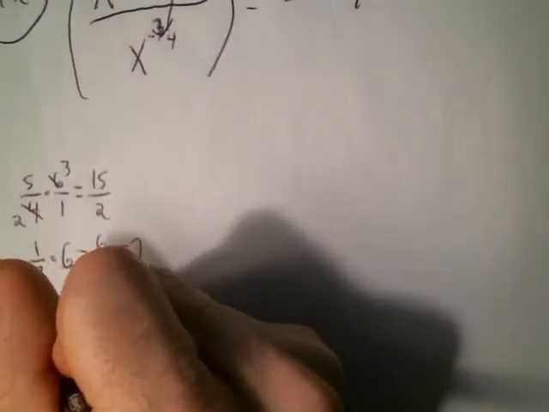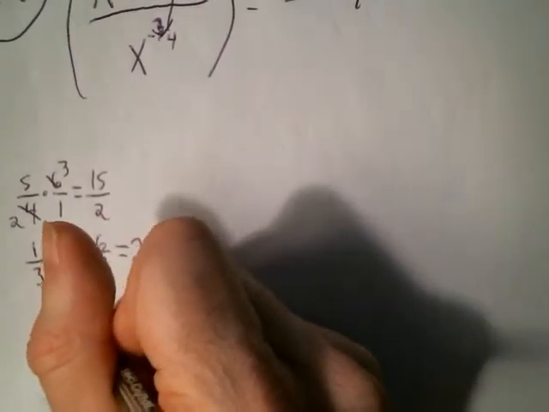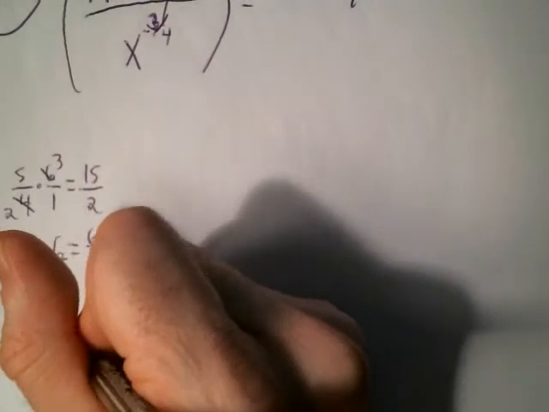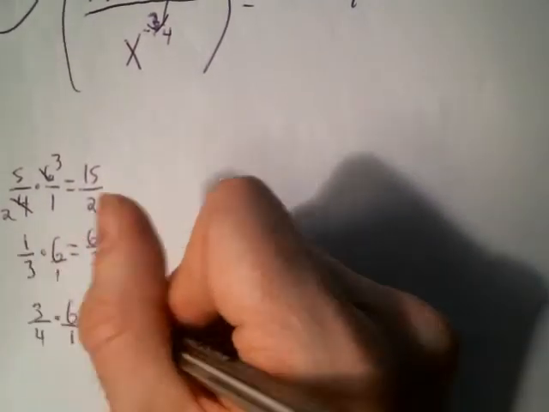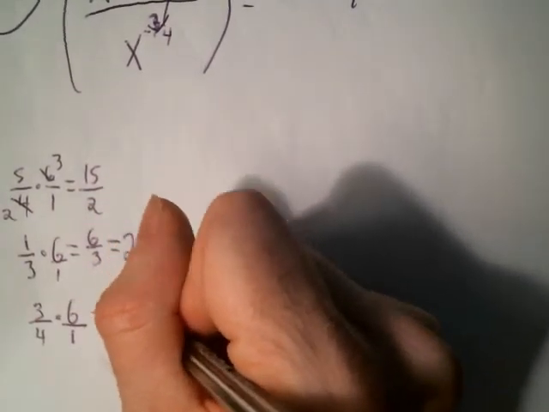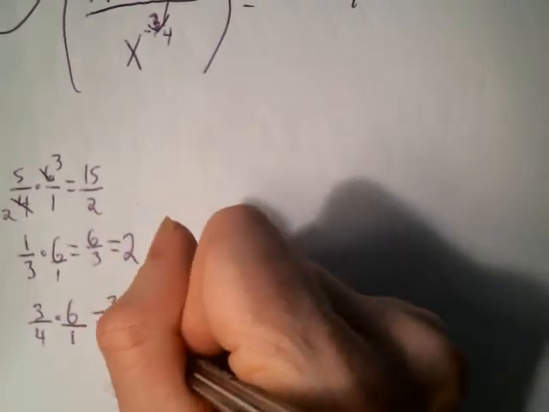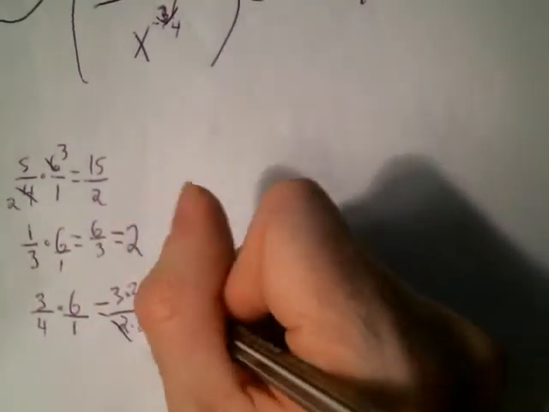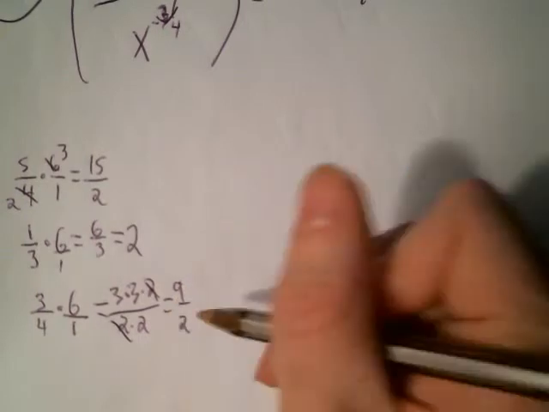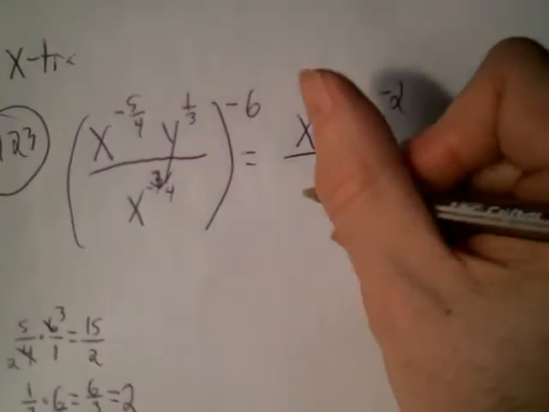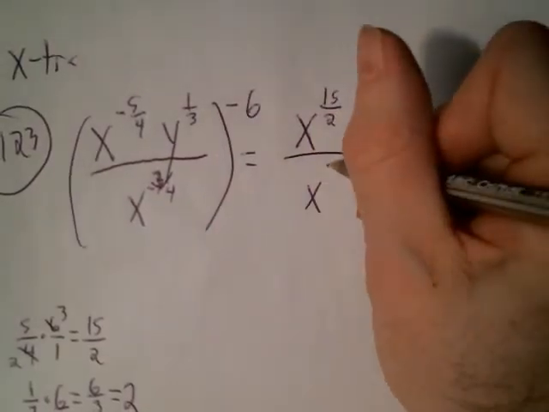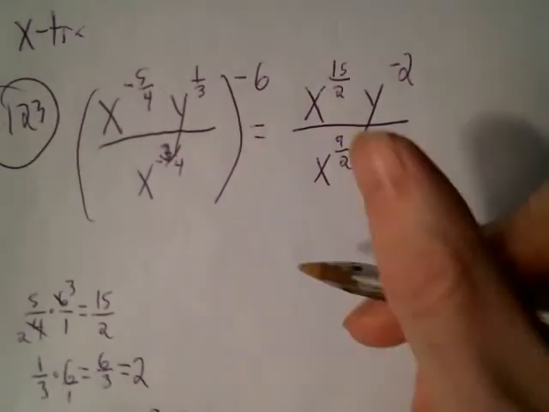Downstairs, we have 3/4 times 6, which is the same as 3/4 times 6 over 1. I'm going to factor as I go across: 3 times 3 times 2 all over 2 times 2. The 2's cancel, and I get 9/2. So downstairs, negative times negative is positive 9/2.